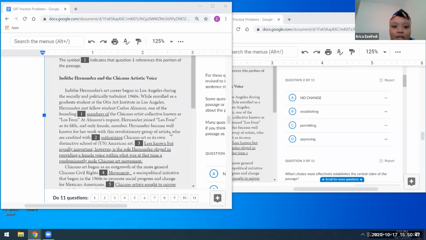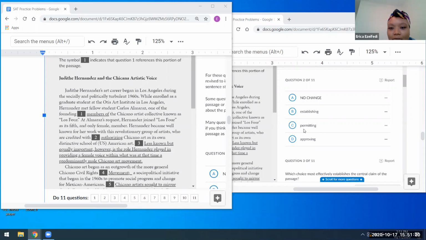So establishing makes more sense because in the passage before we got to number 2, we are told that they were founding members, and that hints at them establishing something. Establishing means they kind of started, and it's going to continue once they start it, once they establish it.